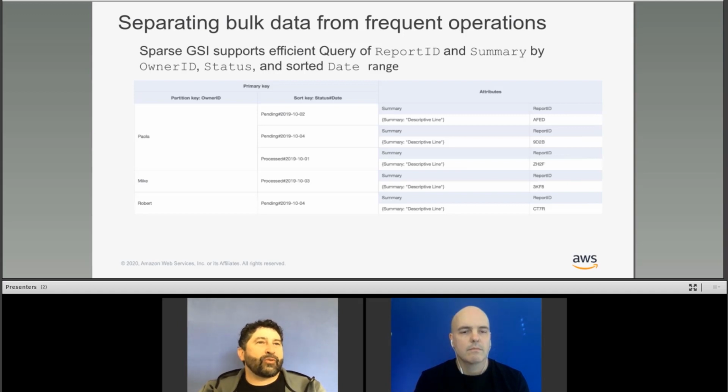The only records from the base table that are going to be propagated into this GSI are the metadata items. So we get the ability to meet our query, we minimize our write consumption, and we're minimizing our read consumption. So this I feel a lot more confident about as a well-optimized design for our query patterns that we need to support for our application.